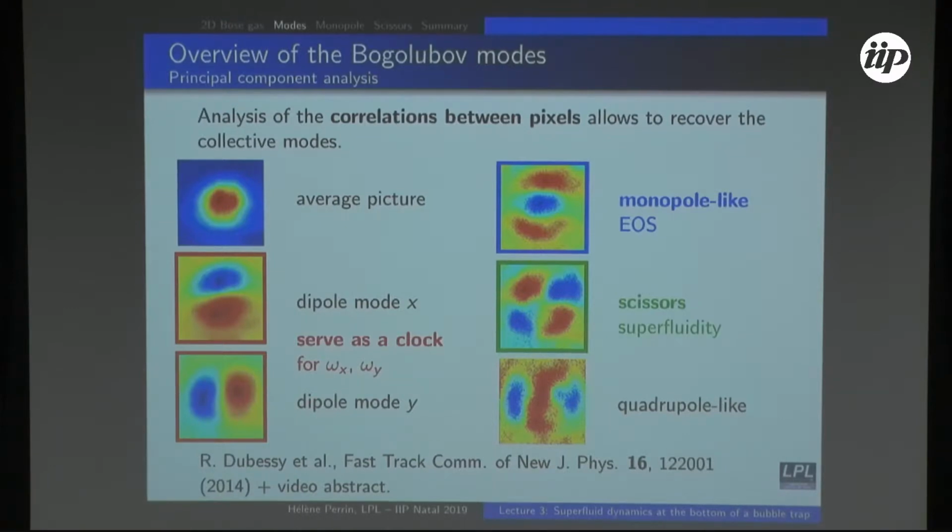And all the data I will analyze with the scissors, I will always compare to the omega x and omega y of the given experiment, because it may happen that there are small technical fluctuations which change a little bit this omega x, omega y. And to be able to compare an experiment run of one day to an experiment run of another day, I have to clock everything with respect to the instantaneous frequency, which I always do.